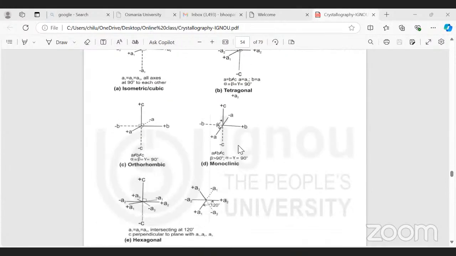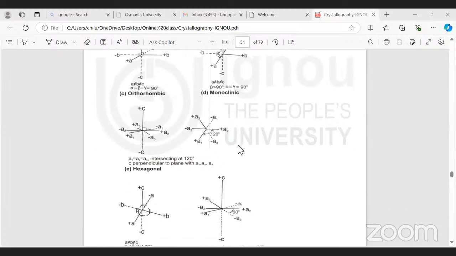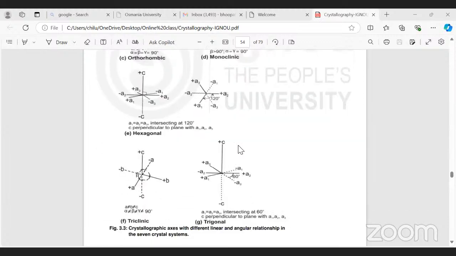And one more thing, the trigonal system.